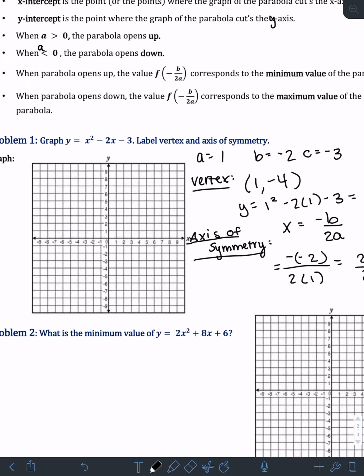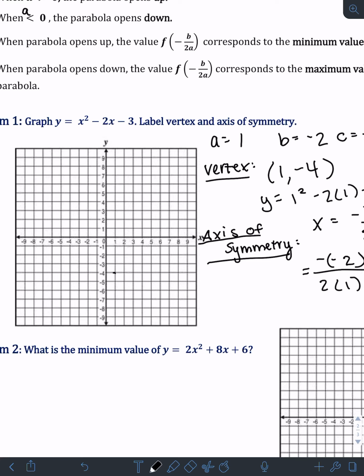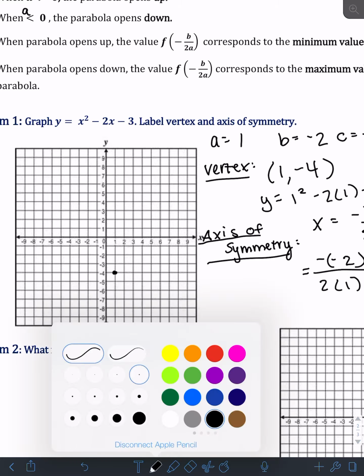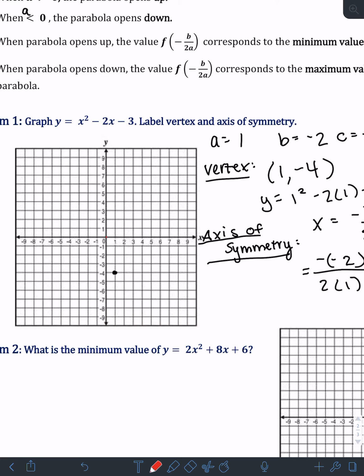So let's find 1, negative 4 on here and plot my vertex. And then with a parabola, if I had a parent parabola, let's graph that in red. I'd start at 0, 0, go 1 squared is 1, negative 1 squared is 1, 2 squared is 4, negative 2 squared is 4, 3 squared is 9, and negative 3 squared is 9. So I would graph my parabola like that.